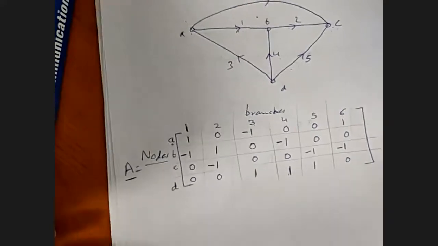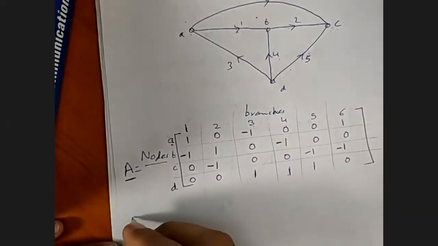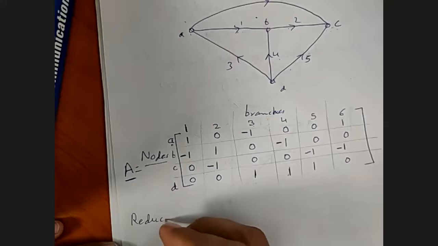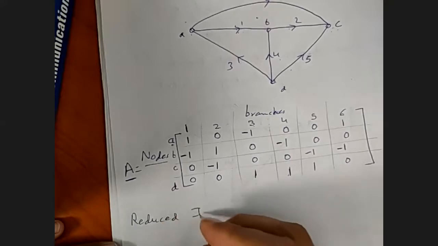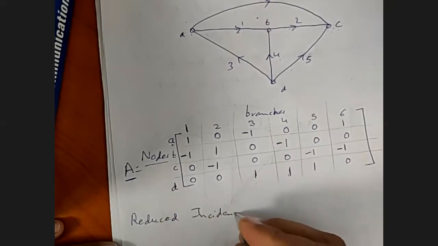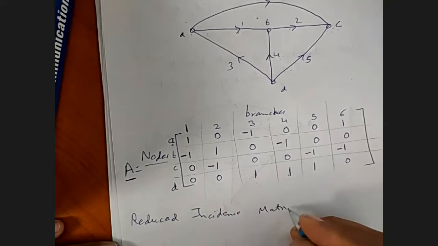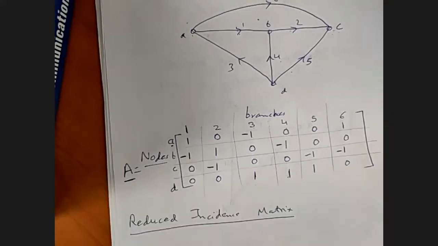Then we have the reduced incident matrix. Reduced incident matrix is nothing special.